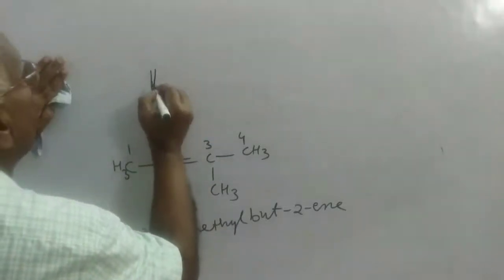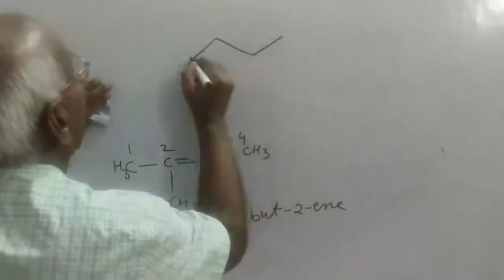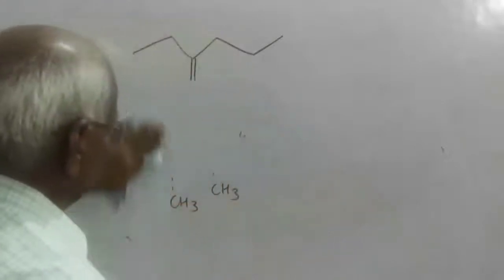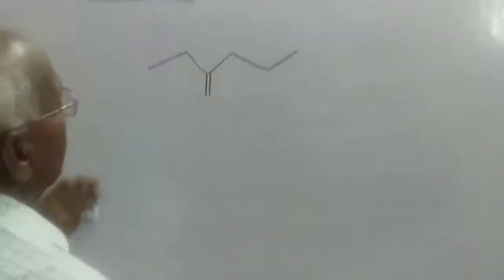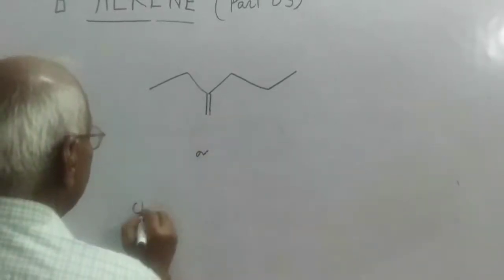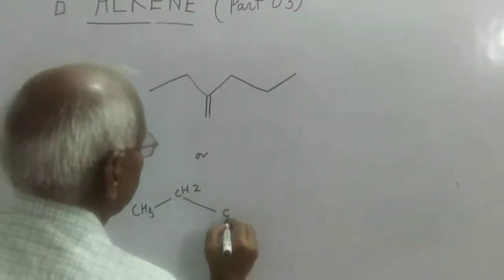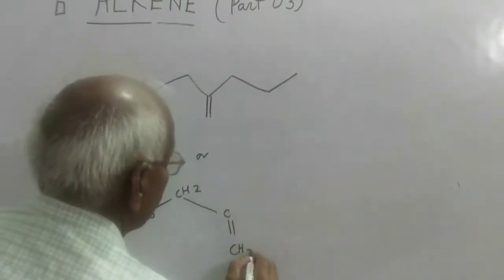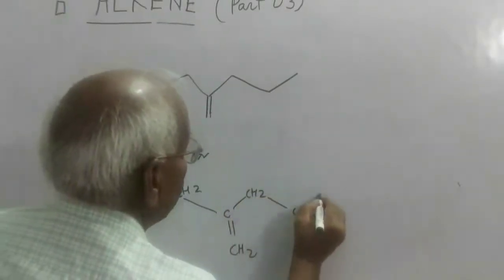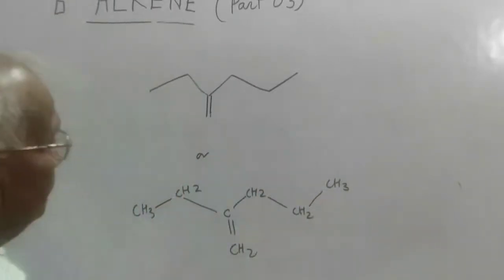If the compound is given like this, CH3, CH2, C double bond CH2, CH2, CH2 and CH3. This is the same compound.